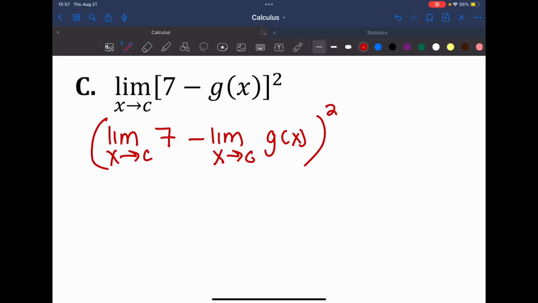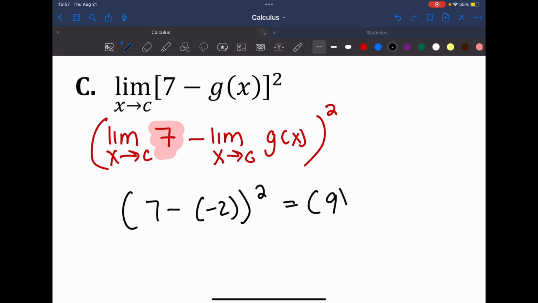Well, based off of the property of the constant functions, since I have the limit of just a number here, I know my answer is going to be that number. So this is 7 minus, and then I know that the limit of g of x is -2, so -2 squared. So this is 9 squared, which is 81.